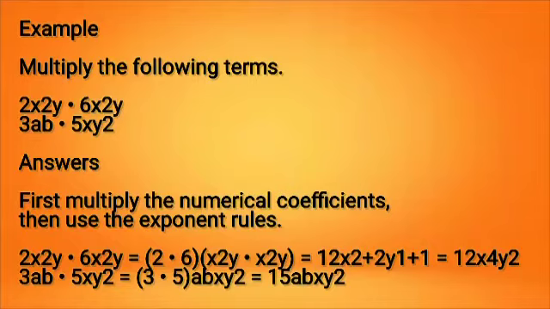Answer: 2x squared y into 6x squared y equals 2 into 6 in the bracket, then x squared y into x squared y in the bracket, that equals 12 multiplied by x to the power 2 plus 2, y to the power 1 plus 1, that equals 12x to the power 4 y squared. Similarly, you can understand the next example also.